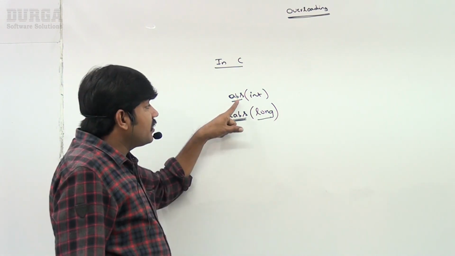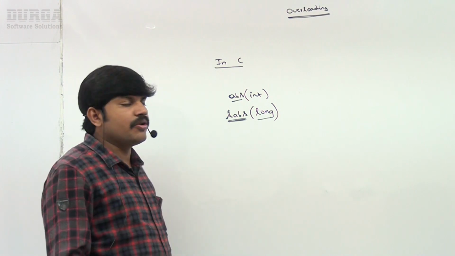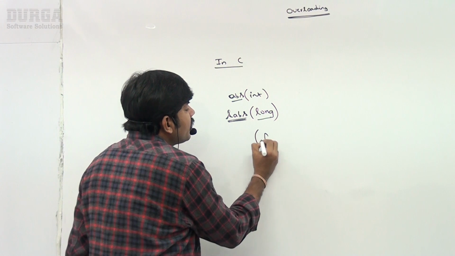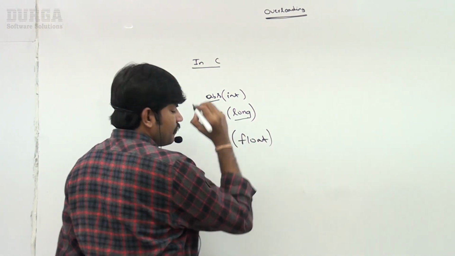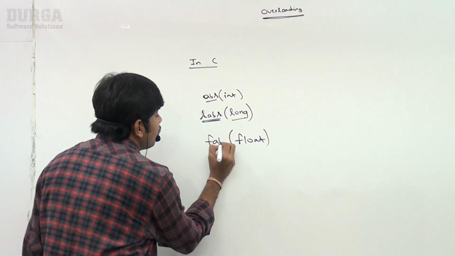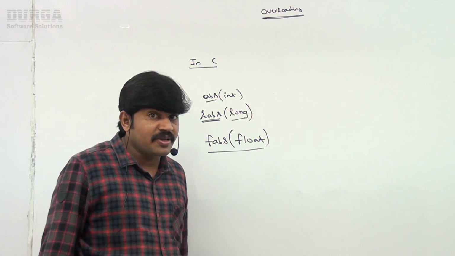So for long type, which absolute method do we have to use? labs. Similarly, if the argument is float type, the method name is fabs. So how many abs methods are there?